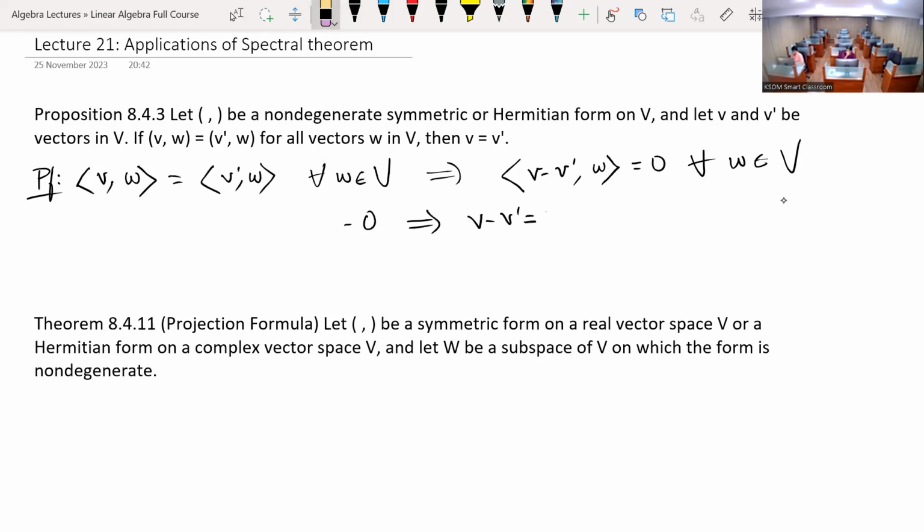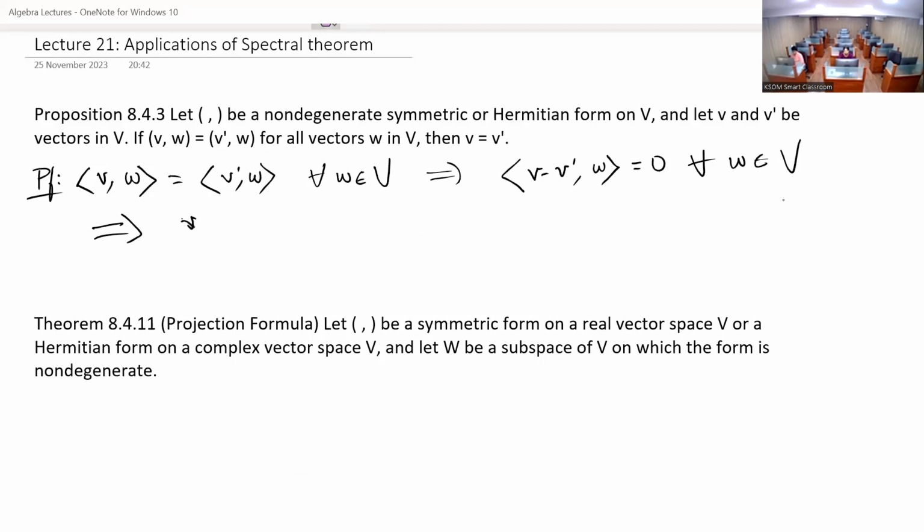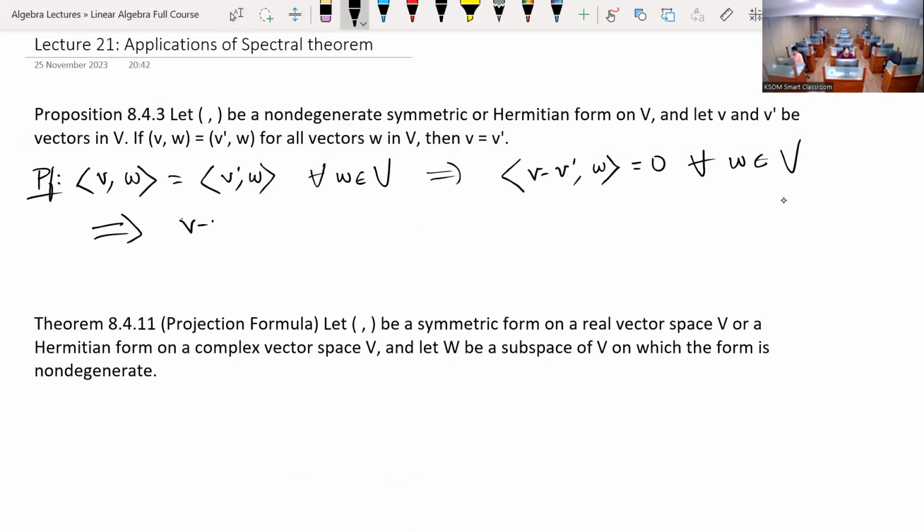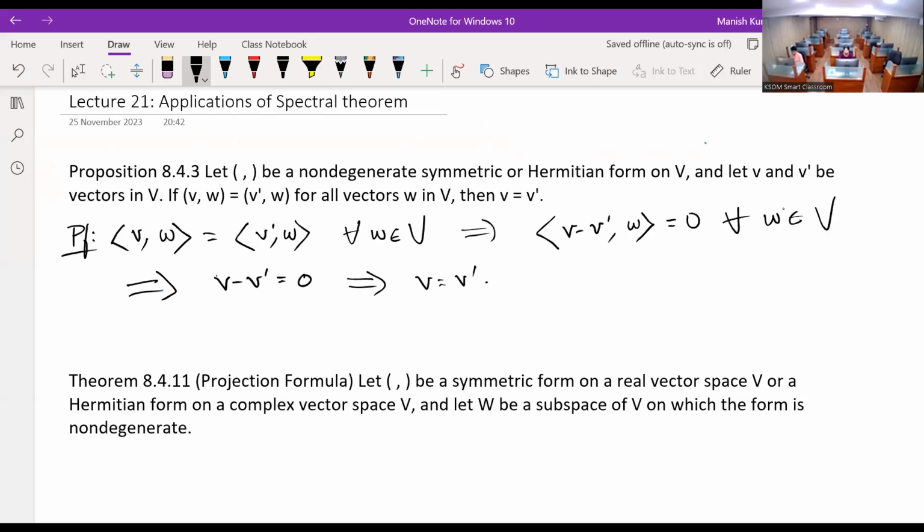Positive definite means that the inner product with itself is positive, but non-degenerate just means that if the inner product of something with every vector is 0, then that vector must be 0. So that implies V equals V prime. This is not at all difficult.